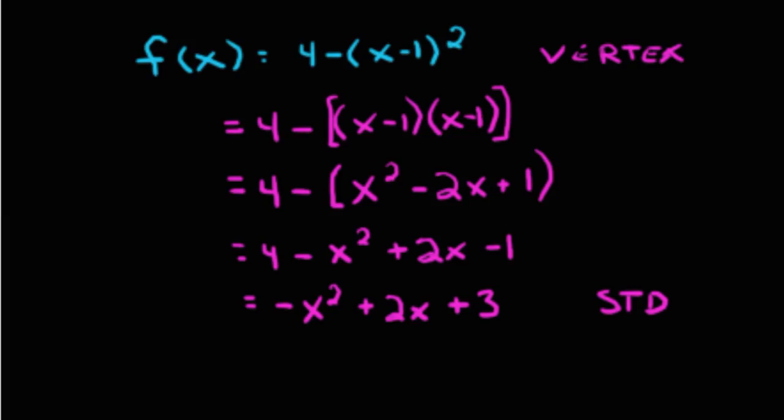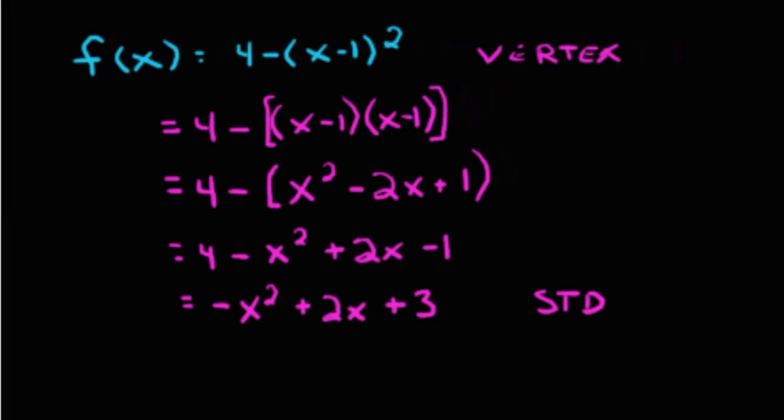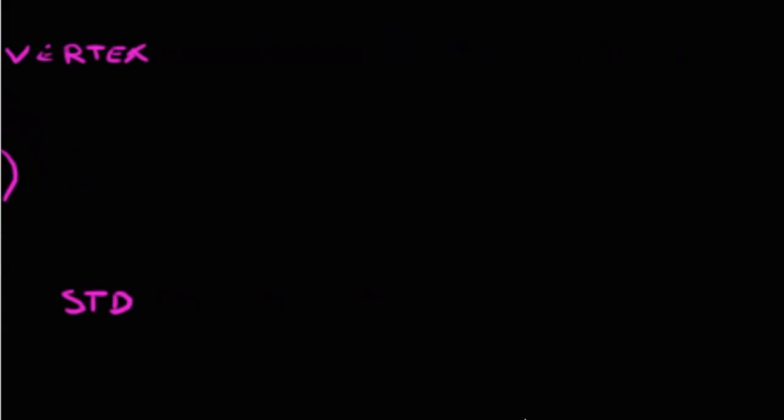Now the opposite, going from standard form to vertex form, is a little trickier, but I'll show you an example and hopefully you'll be able to figure it out after this example.